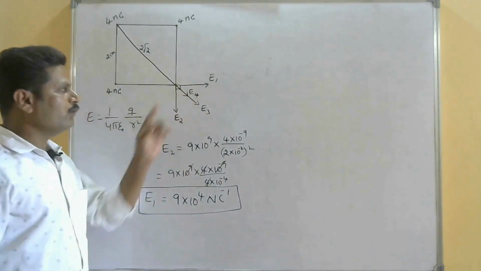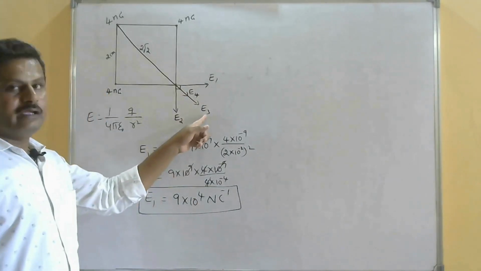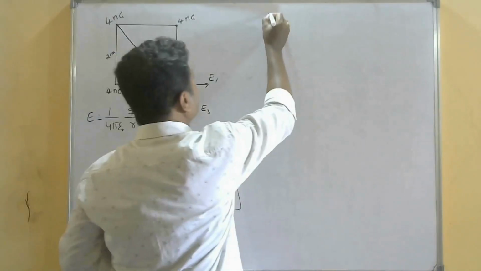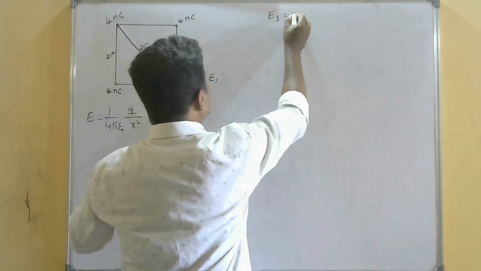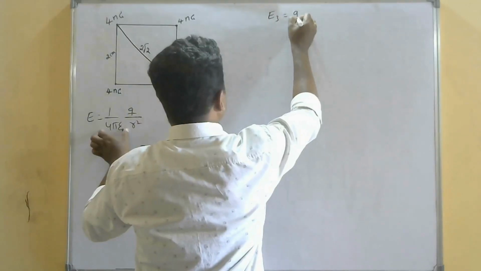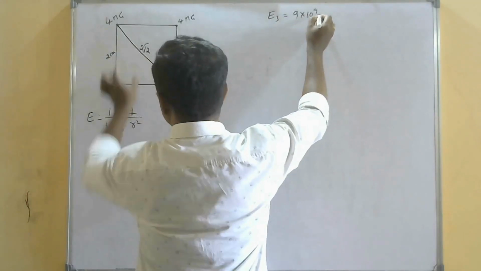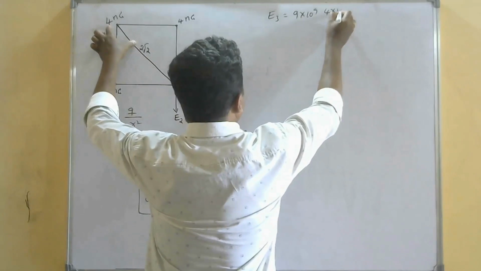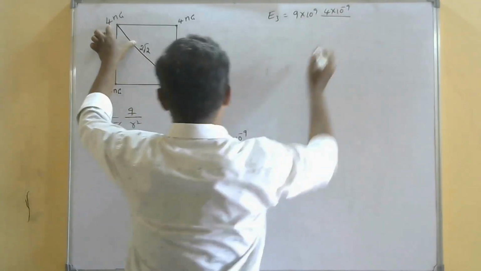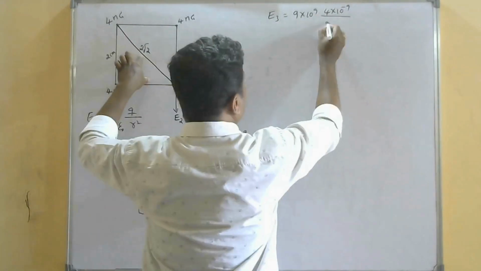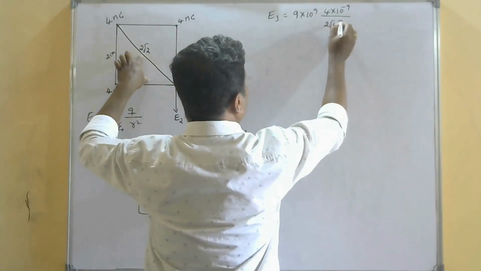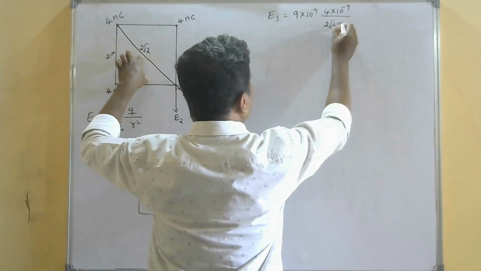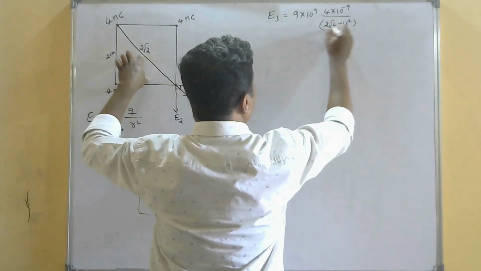Before going to find E4, let me take E3. E3 is equal to 1 by 4 pi epsilon naught, that is 9 times 10 raised to 9, and Q here is 4 into 10 raised to minus 9, divided by r square, 2 root 2 centimeter, that is 2 root 2 into 10 raised to minus 2, whole square.